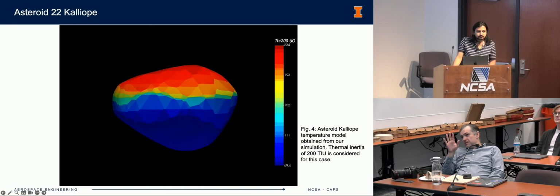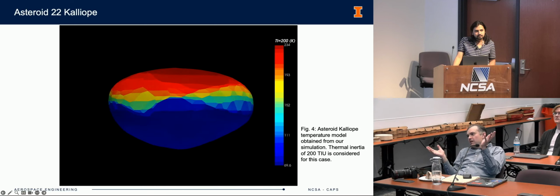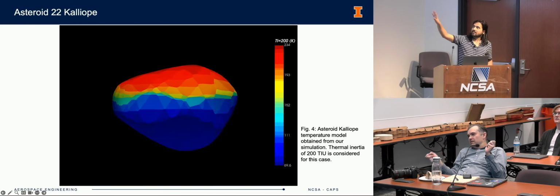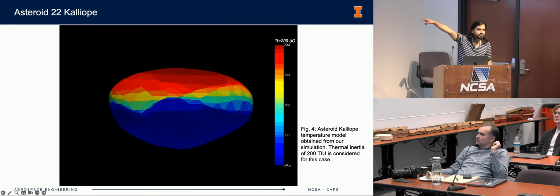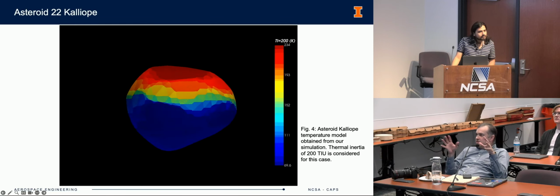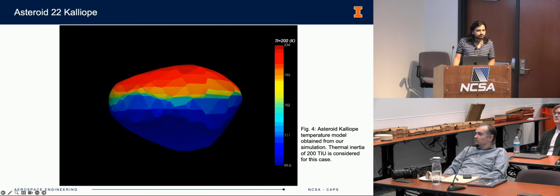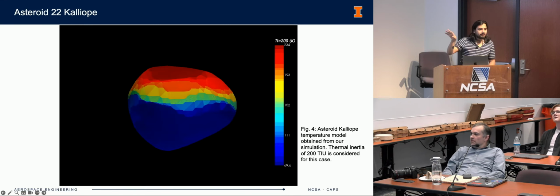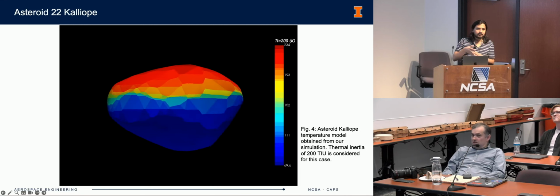Got it. So this is effectively an arbitrary shape? No. This is actually how Calliope looks, but I have overlaid the temperature on top of it. But is this a real asteroid in the sky? No, it's a real asteroid in the sky. Using radar, people figure out the shape of the asteroid and the spin orientation.